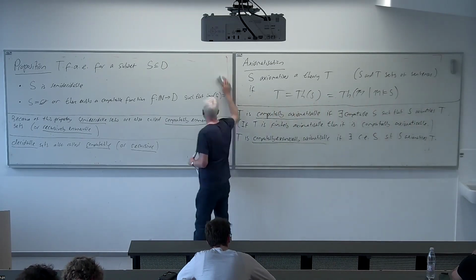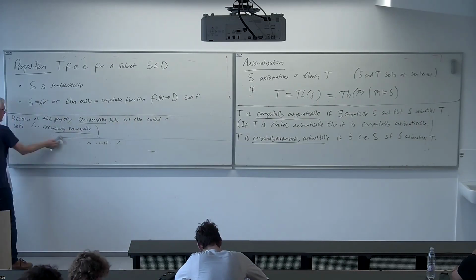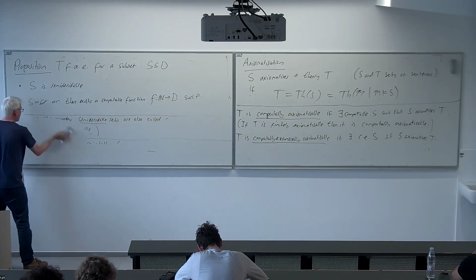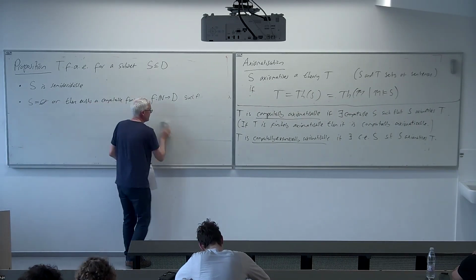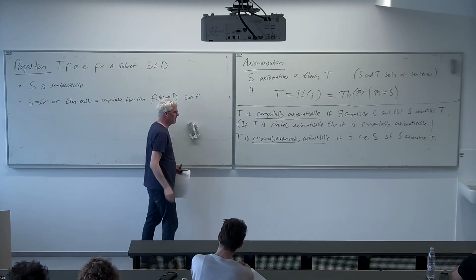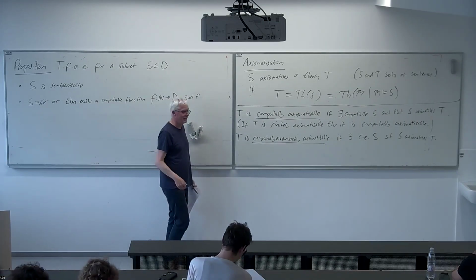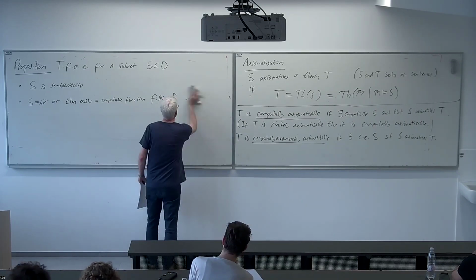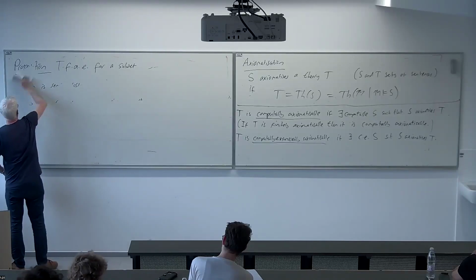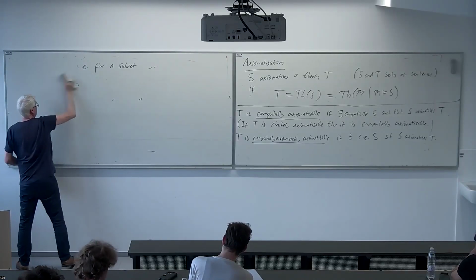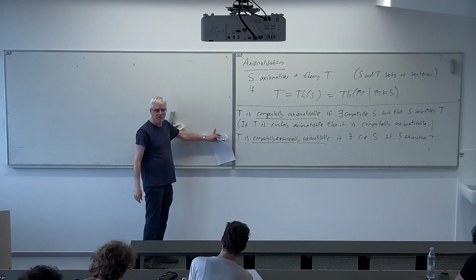Now, if you look in the logic literature, you will never find very much talk about computably enumerably axiomatizable, which is just as well because it's quite a mouthful. But the one thing you will find is the following result, which is quite surprising.